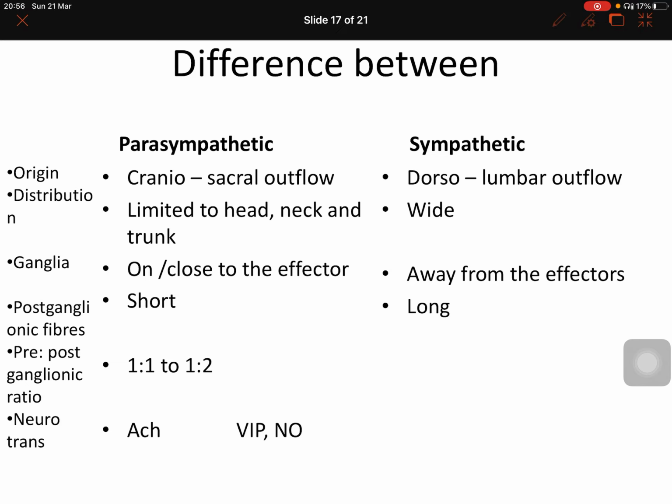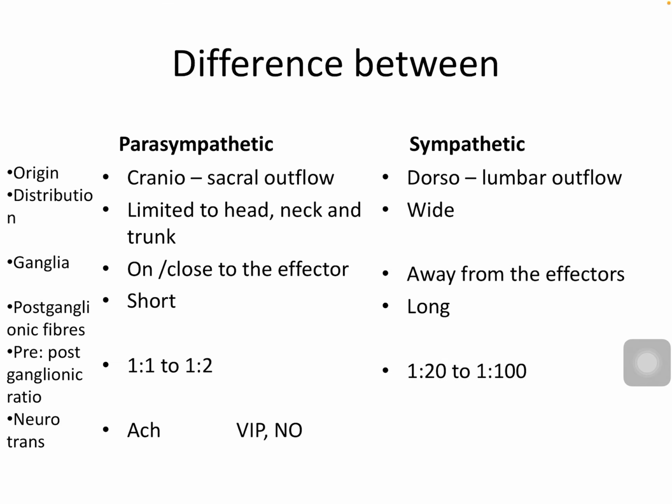The ratio of the preganglionic to postganglionic fiber is about 1 to 20 to 1 to 100. And the primary neurotransmitter here is noradrenaline, while the co-transmitters are neuropeptide Y and ATP, etc. So these are the differences between the sympathetic and parasympathetic nervous system.